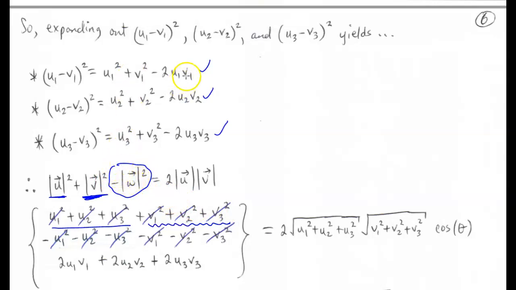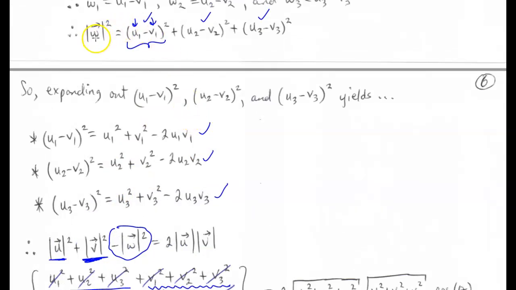And remember that the magnitude of vector w squared is the sum of all 3 of these, but it's minus. So we would have to say minus this, which means minus, minus, plus here, minus, minus, plus, and then here minus, minus, and plus.